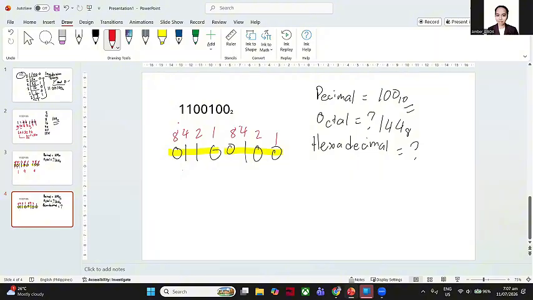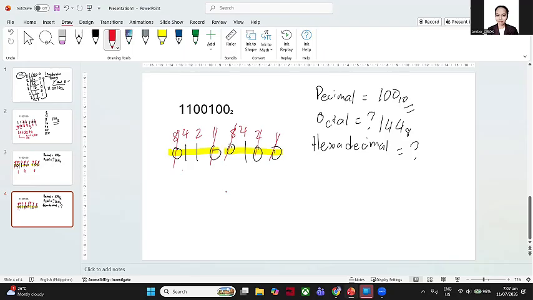And then we cross out the zeros. If it is 1, we were going to add them. So we have our 1, 2, 8, 1, 8.